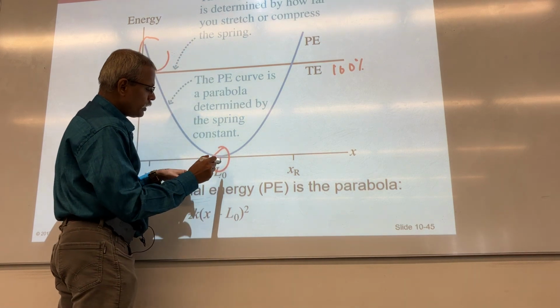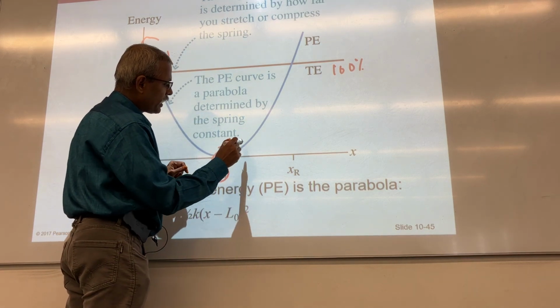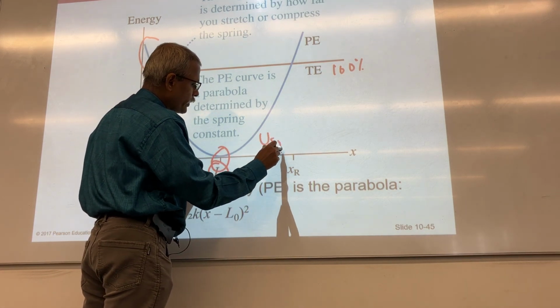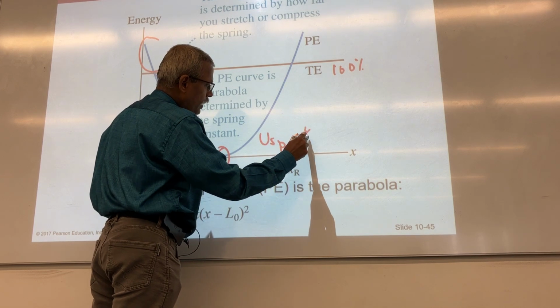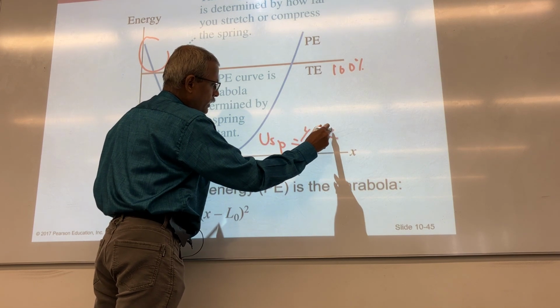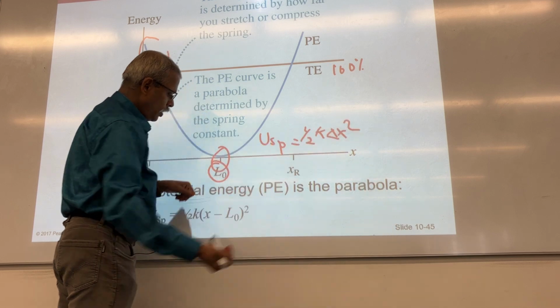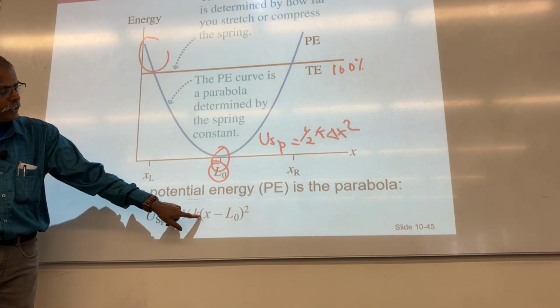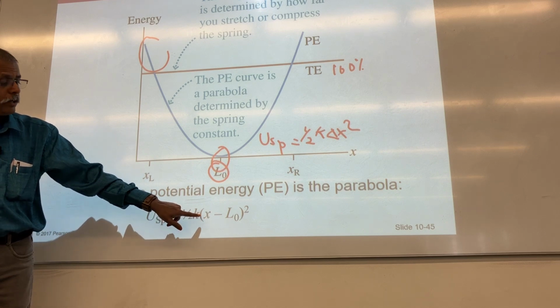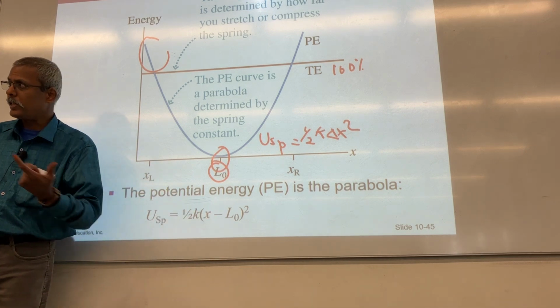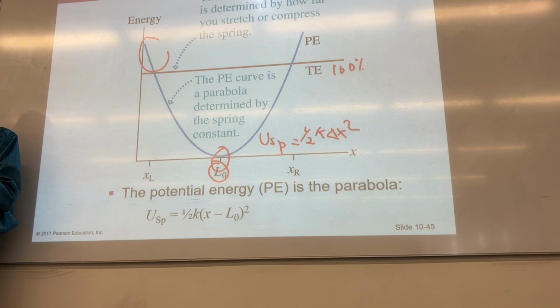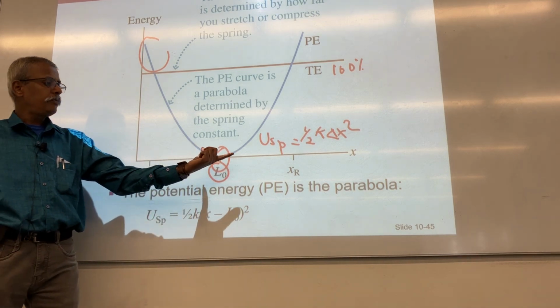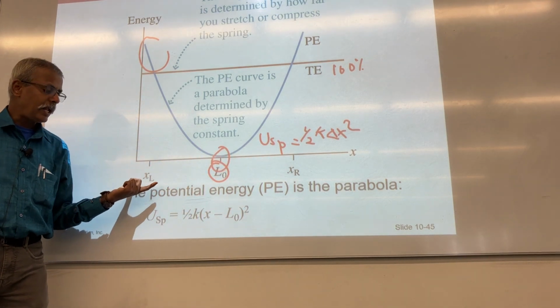Here my spring is at L0, because if you remember, the spring equation is 1/2 k delta x squared, or you can put 1/2 k times (x minus the original length) squared. The x is your change, either to the right or to the left.